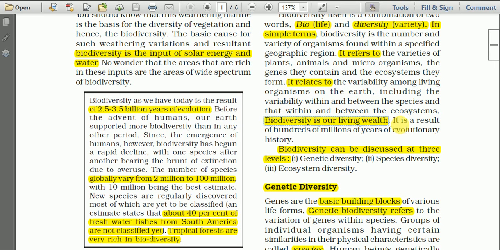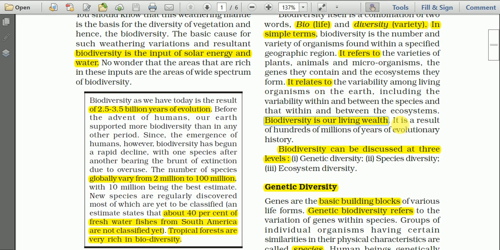Again, let me repeat. Biodiversity refers to the number and the variety of organisms found within a specified geographical region. And these variabilities may be among the living organisms, between or within the species, and within and between the ecosystems.